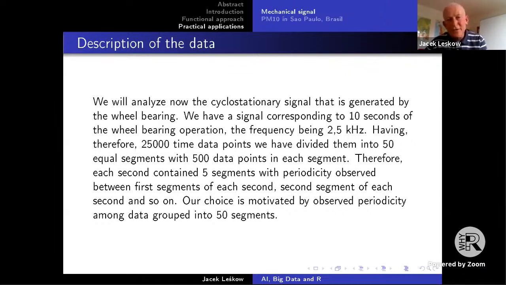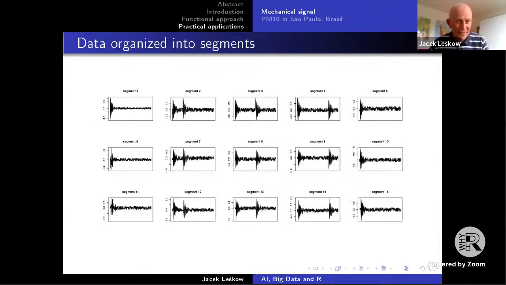The frequency here is 2.5 kilohertz, which means 10 seconds already generates well over 20,000 data points. And we will be doing this functional data analysis. Instead of working with a high frequency signal or time series, I can show you how to reduce the complexity to just a few eigenvalues and eigenfunctions.